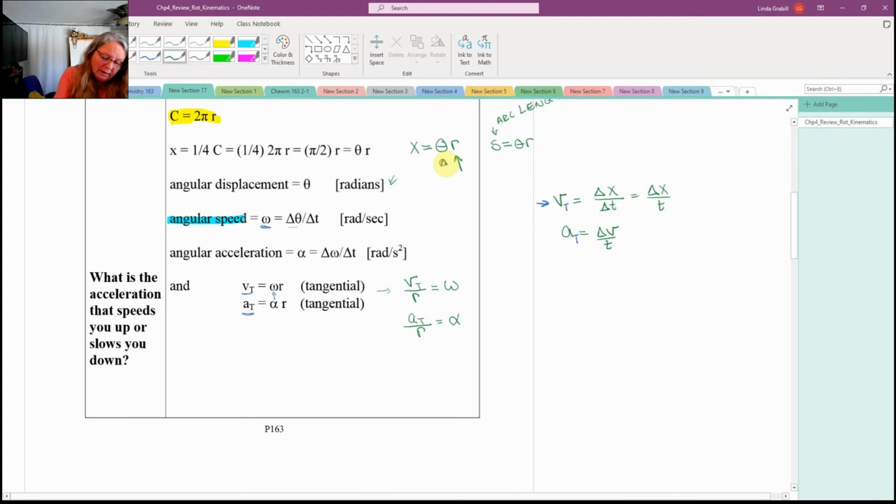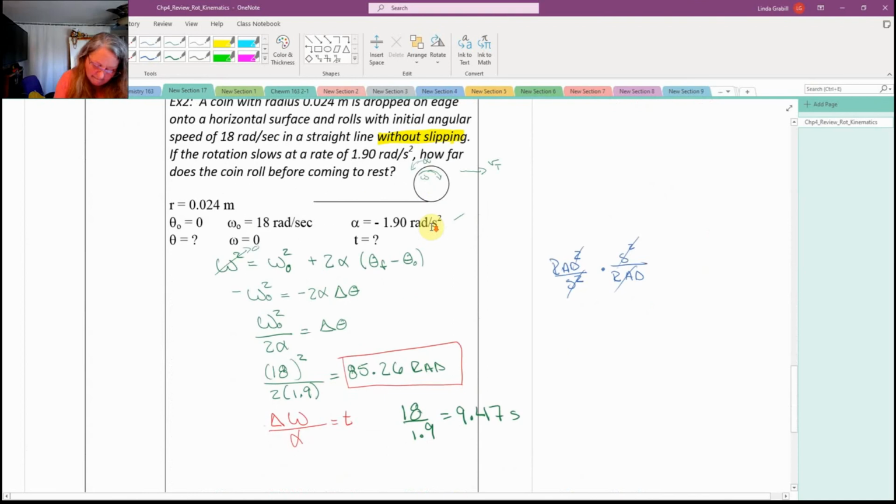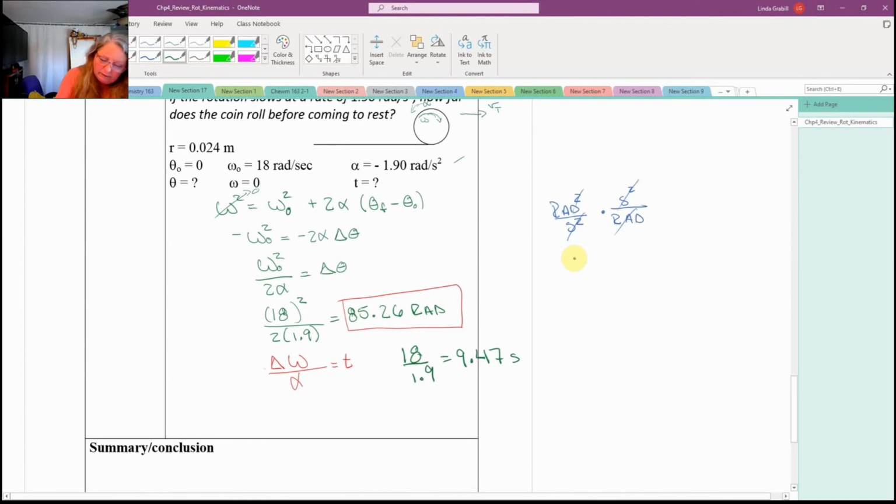And I know my theta. So wouldn't this just give me my straight up displacement, my distance covered? Because that's just like unrolling that coin. You can think of it like a ball of yarn leaving a straight line trail behind it as it covers these rotations. So x equals theta r.